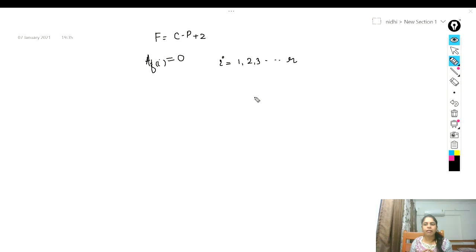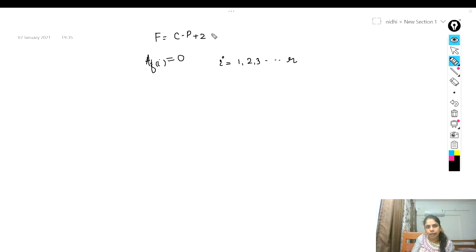So since at equilibrium all the reactions should have chemical affinity equal to 0, they are automatically specified by the condition of equilibrium. So this must again be subtracted from the total we got from the phase rule for the non-reacting system.